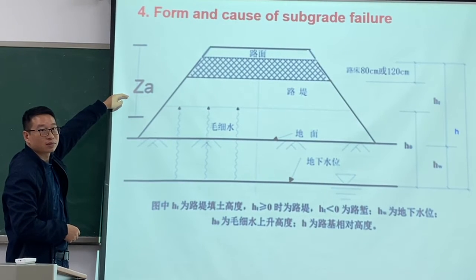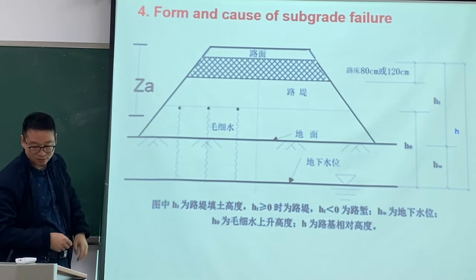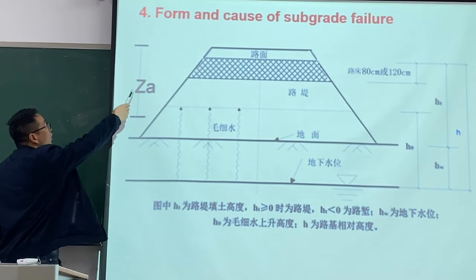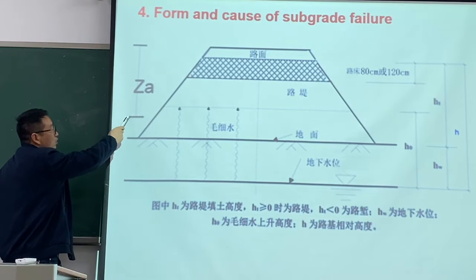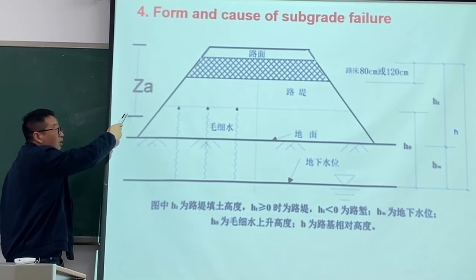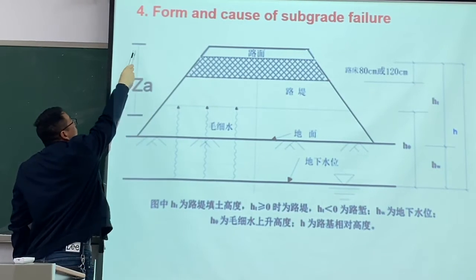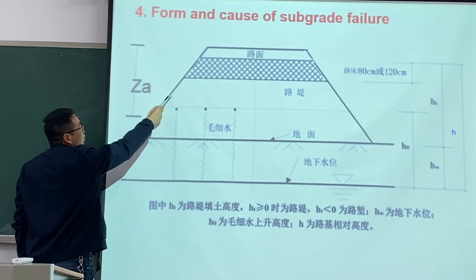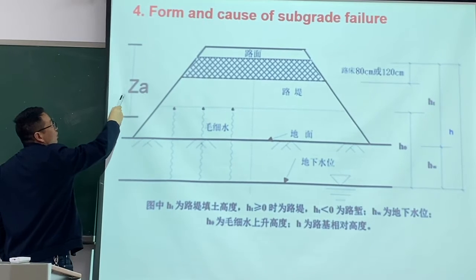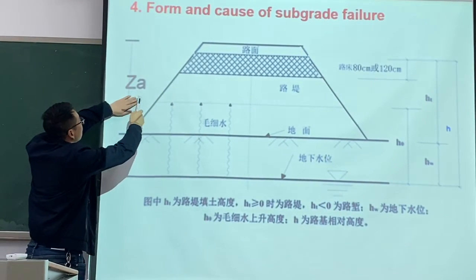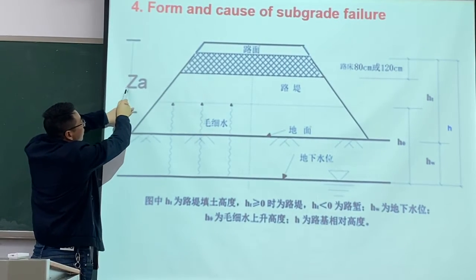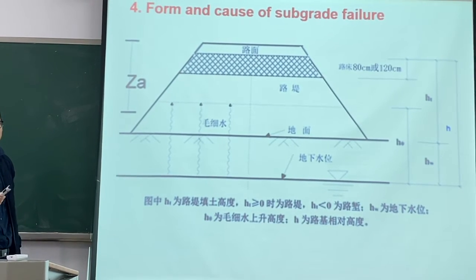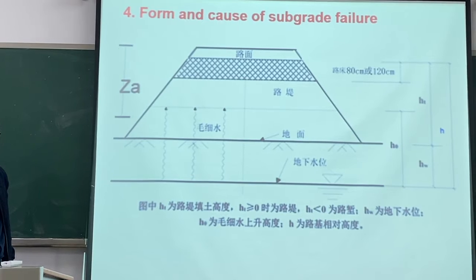It is not this area; it is from the top of the surface to this level. When this, we can know that the subgrade is in which state?